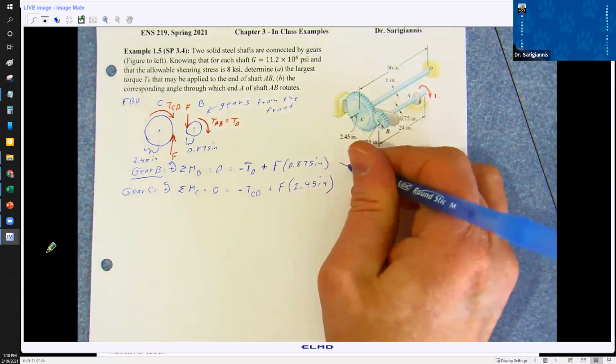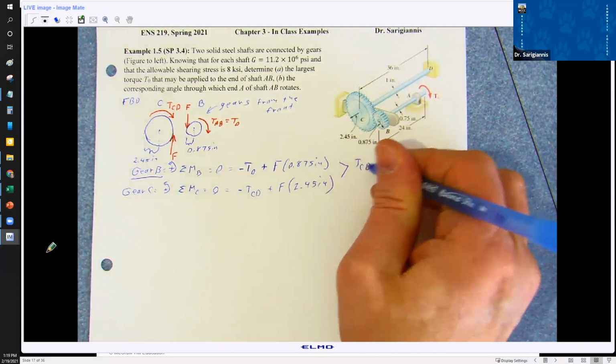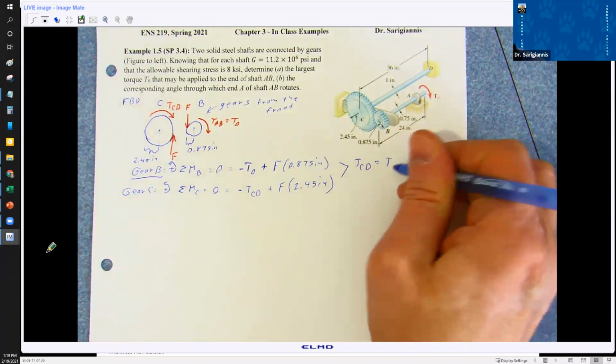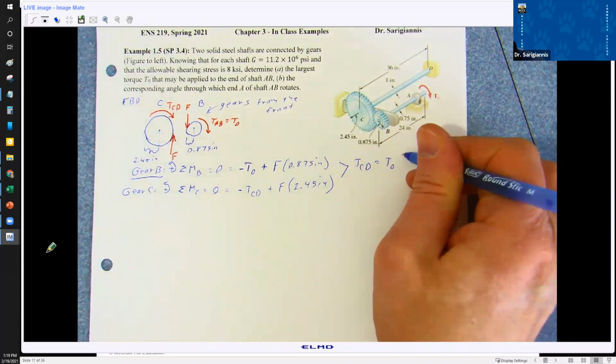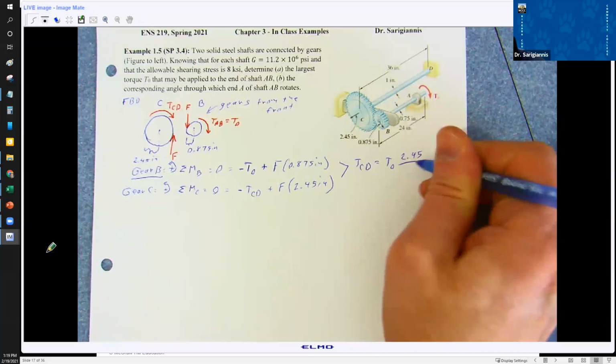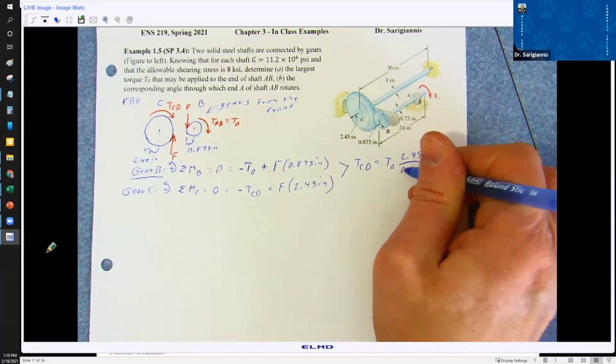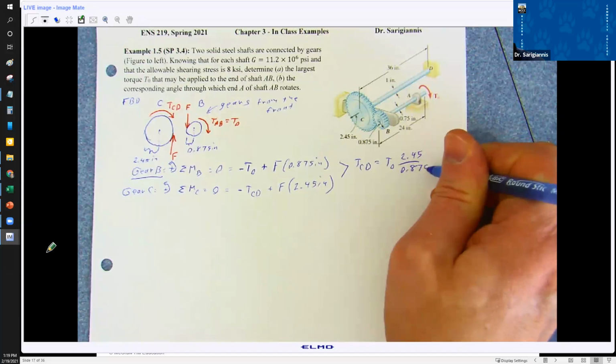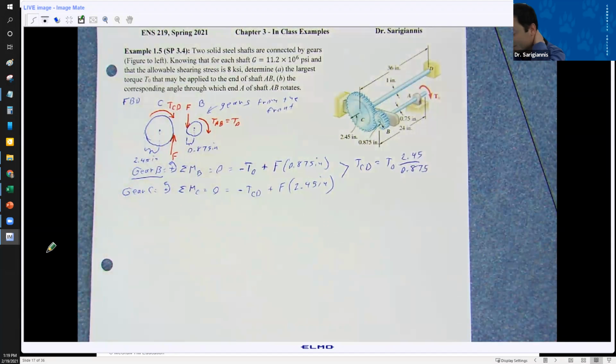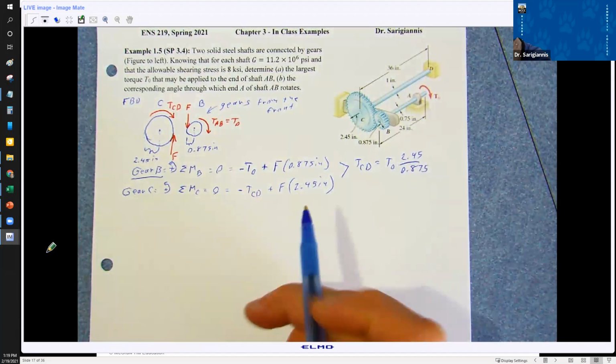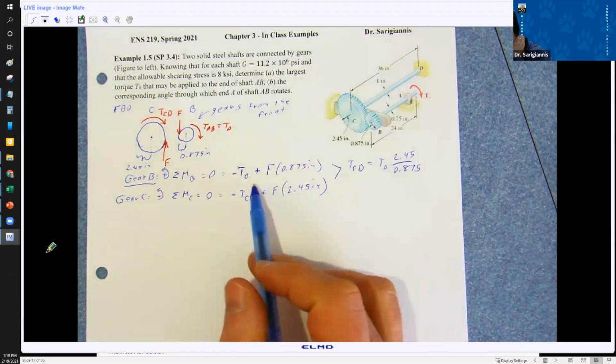So for example, combining these two, we get TCD equals T naught with a ratio 2.45 over 0.875. They're both equal to 0, so they're equal to each other. You can rearrange this and cancel out the forces. Or you could do this by division.